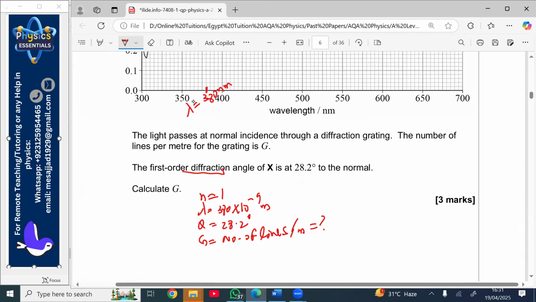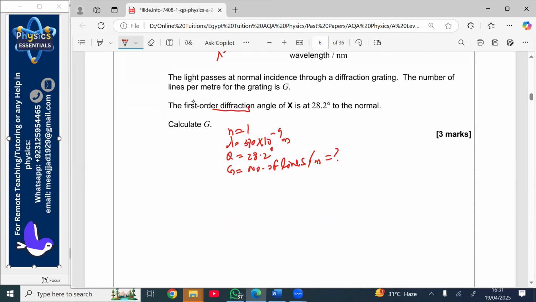Now we are going to write the formula for the diffraction grating, which is d sine theta equals n lambda. Just put in the values. d sine 28.2 equals 1 times lambda. This is 380 times 10 raised to the minus 9.